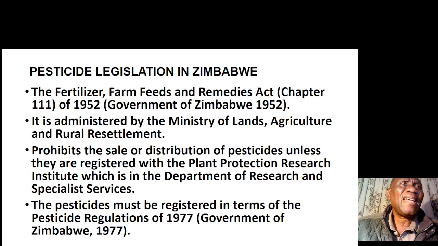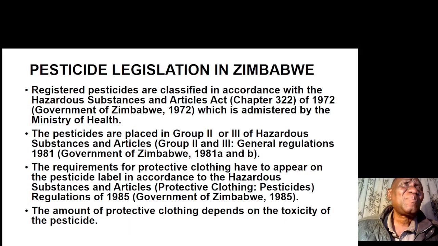There's also the requirement that pesticides must be registered in terms of the Pesticide Regulations of 1977, Government of Zimbabwe, 1977. Now we also have legislation administered by the Ministry of Health. So the two pieces of legislation, one resides in the Ministry of Agriculture, the other one in the Ministry of Health.